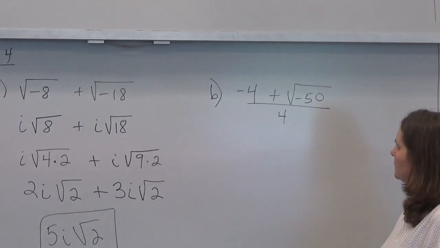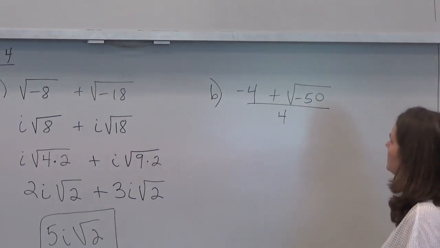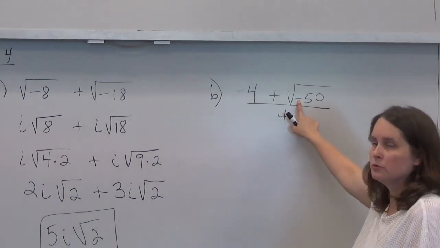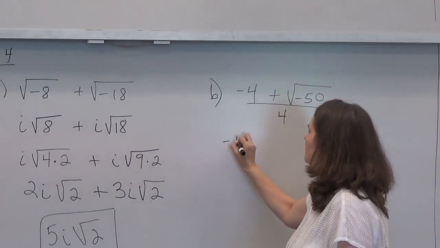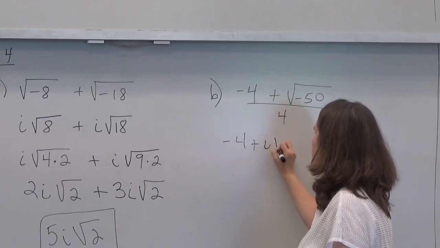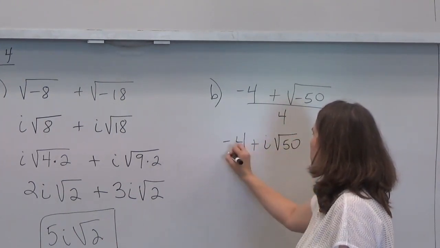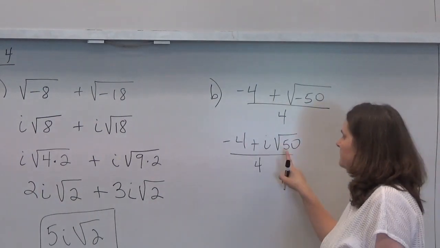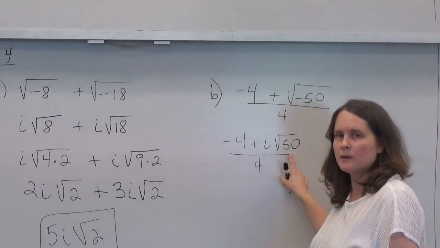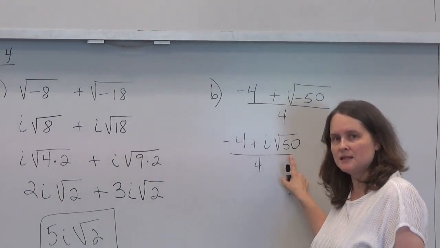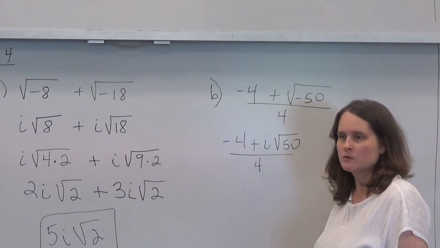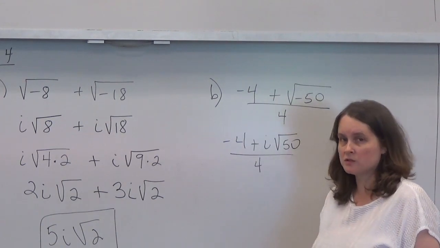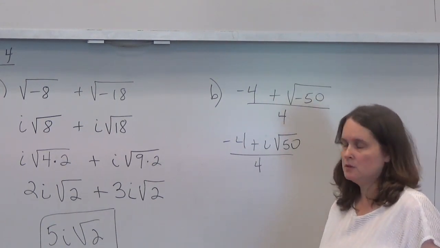For part B, what can I do here? Well, I see I've got a negative inside my square root, so I'm going to remove i first. All right. 50 inside the square root. Is there a way that I can write 50 so it's easier for me to work with? You can pause this for a second if you want to figure it out.